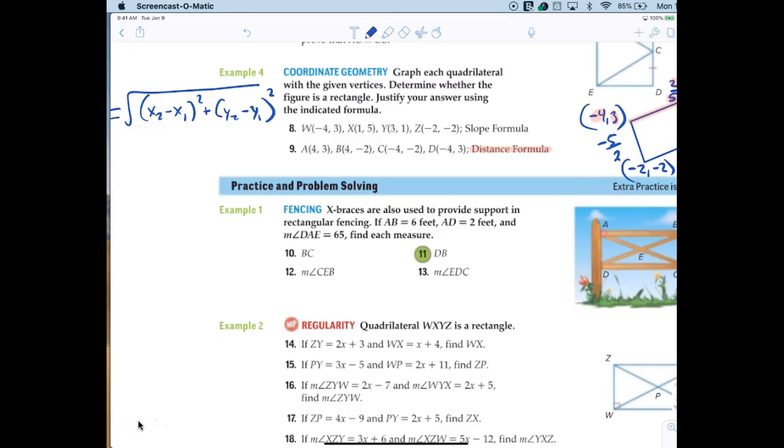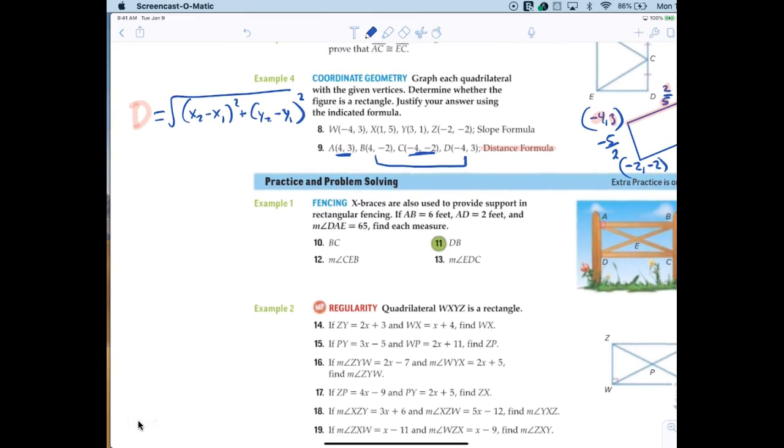I'm thinking AC and what? BD. Let's check that. So AC is equal to the square root. Come on now, let's do the mental math. 4 minus negative 4 is what? 8 squared. Slow down, guys.